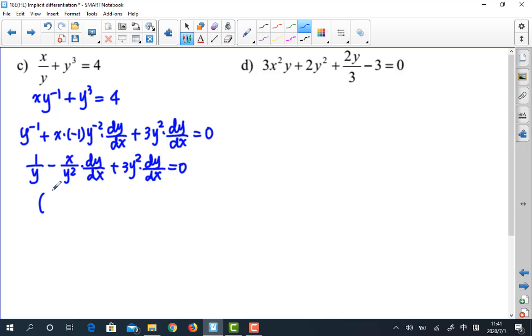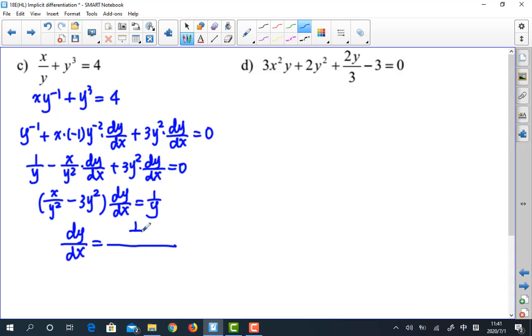So we have x over y squared minus 3y squared, all times dy over dx, equals 1 over y. Then dy over dx equals 1 over y divided by x over y squared minus 3y squared.